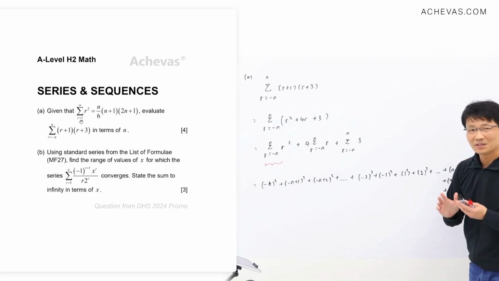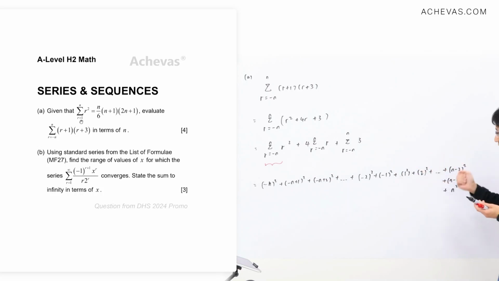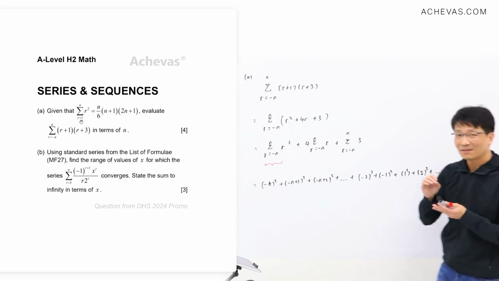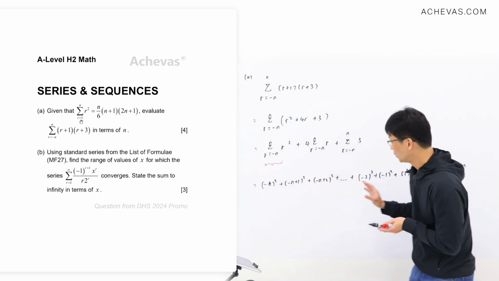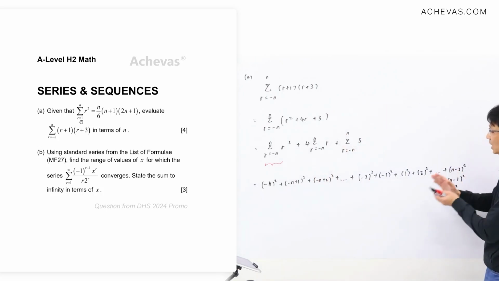Although it's not really necessary to write down such a long series, if you can identify the pattern, just 1 or 2 terms will be sufficient. But here, I will just write it out clearly.